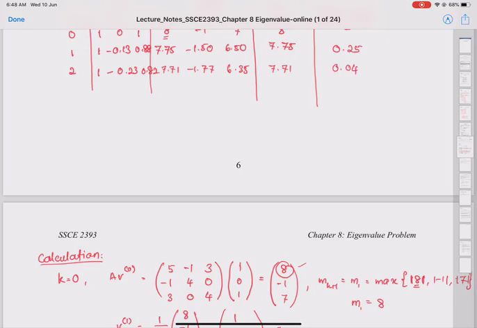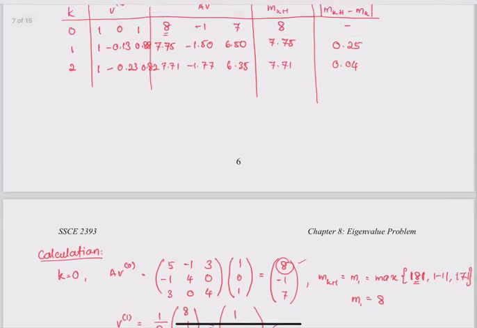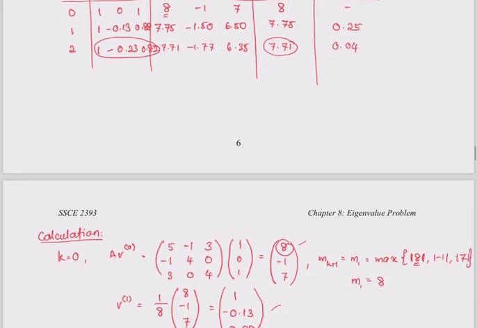And our eigenvalue is the latest one, 7.71, while our eigenvector is the latest one, which is 1, negative 0.23, 0.82.